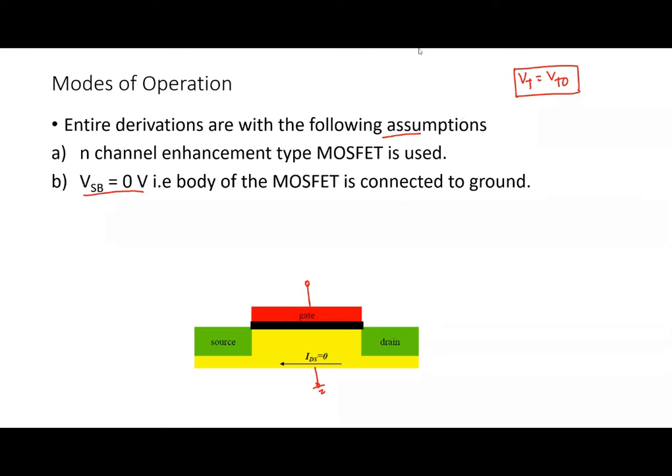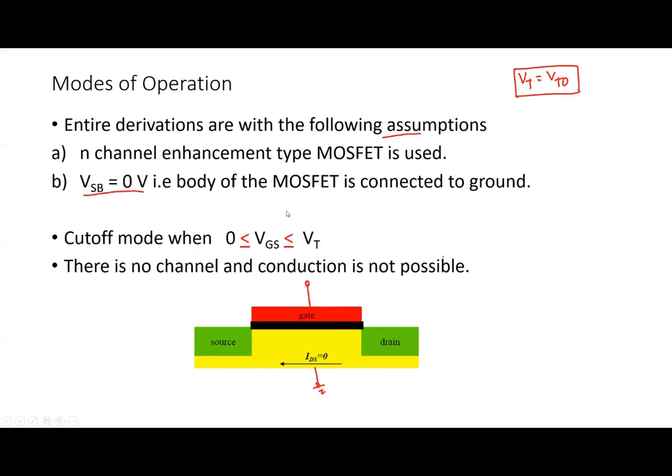So let's discuss some other things. When the device is in cutoff mode, the potential applied at the gate is greater than 0 but less than the threshold voltage.